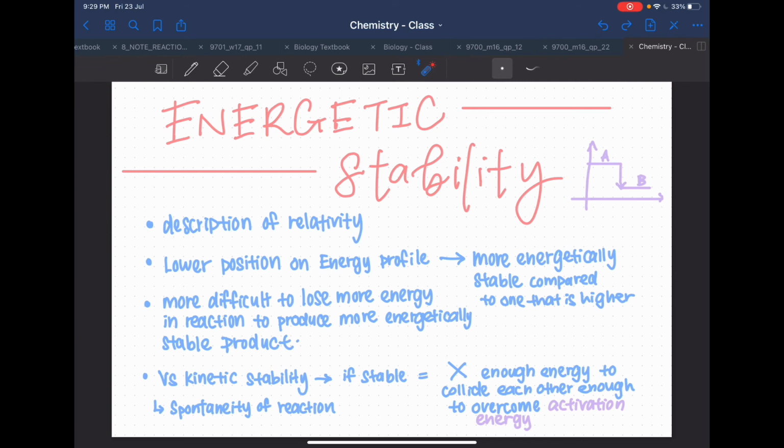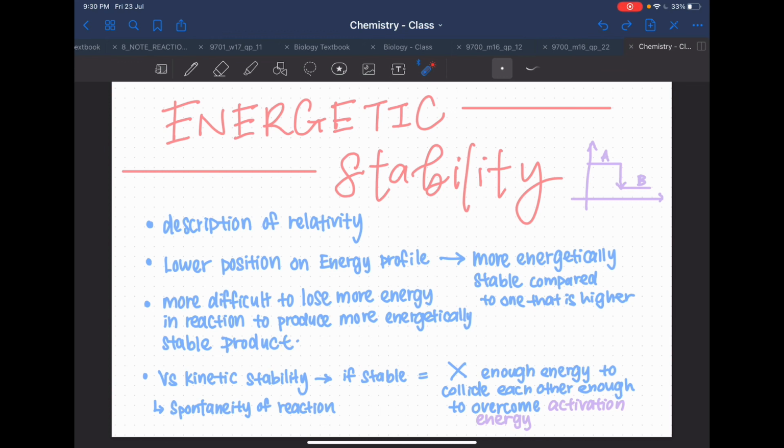And they are energetically stable at a lower energy level because it's harder for them to lose more energy again to form a more energetically stable product. Therefore, it is more energetically stable relative to something else. So in terms of this, we normally compare the energetic stability of products relative to reactants.